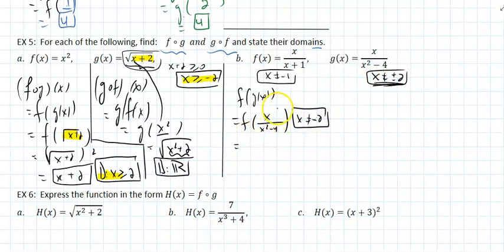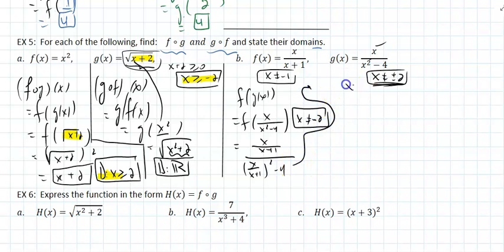And now I'm going to take this and throw it in g. That's x over x squared minus 4 over, oops, I'm sorry, I messed up. That's x over x plus 1 over x divided by x plus 1 squared minus 4. Now I need to clean this up a bit.